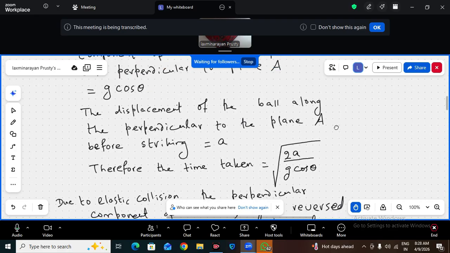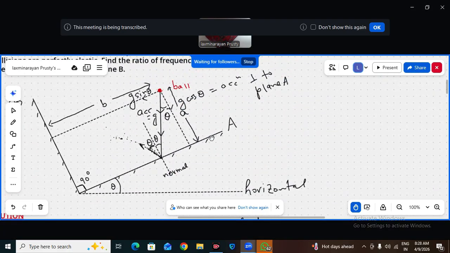So what time will it take to hit the plane A? You know the displacement, the initial velocity is 0, and you know the acceleration also.